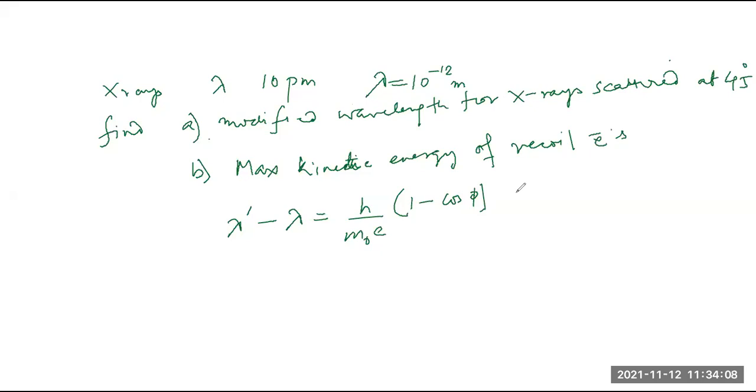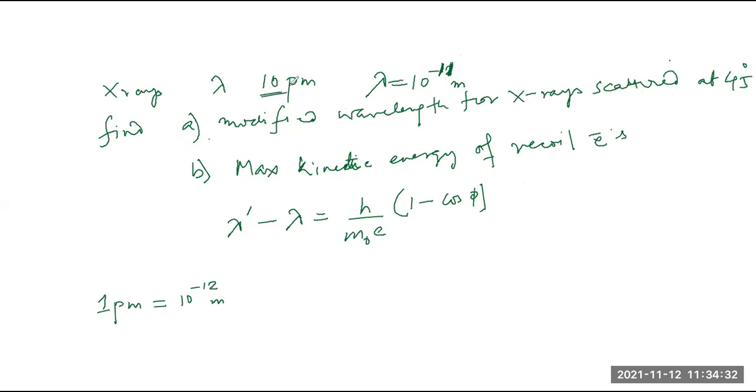Sir, that will be 10 to the power minus 11. Which one? The wavelength, first line. Yes, because it is 10 picometer. So 1 picometer is 10 to the power of minus 12 meter.